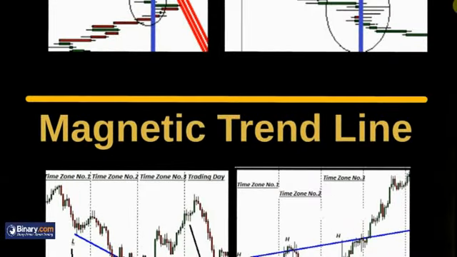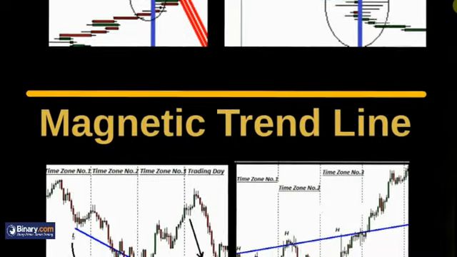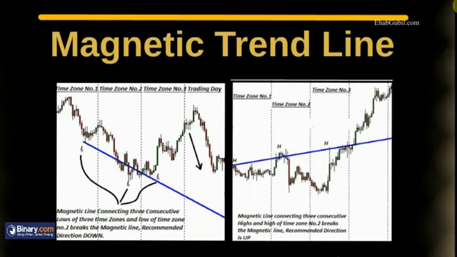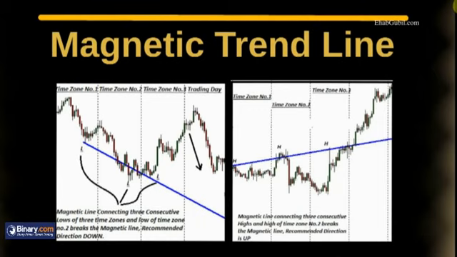And now my last tool: the magnetic trend lines. Did you notice I said in the beginning of this webinar that our Pitchfork system depends on 3 time zones, but all we used were only 2 zones, 2 and 3? Now we're going to use time zone number 1 to draw a magnetic line.